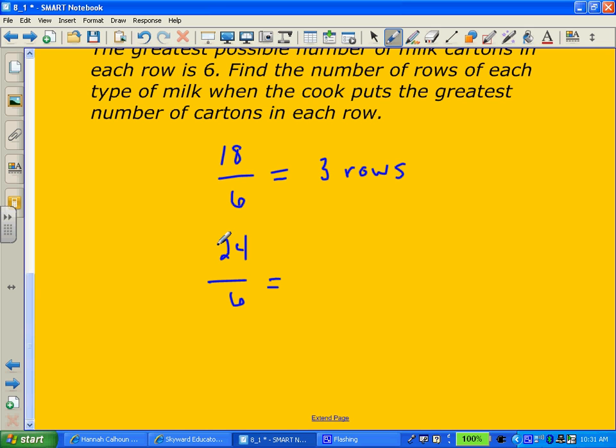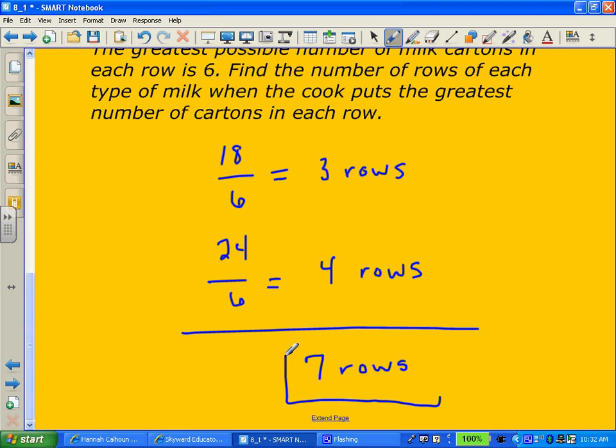And if I have 24 regular milk, again 6 each row, that's going to be 4 rows of regular milk. So in total, and this is what the question is asking, how many rows will there be? There will be 7 rows of milk. Okay, so that's kind of how we figure out the story problems.